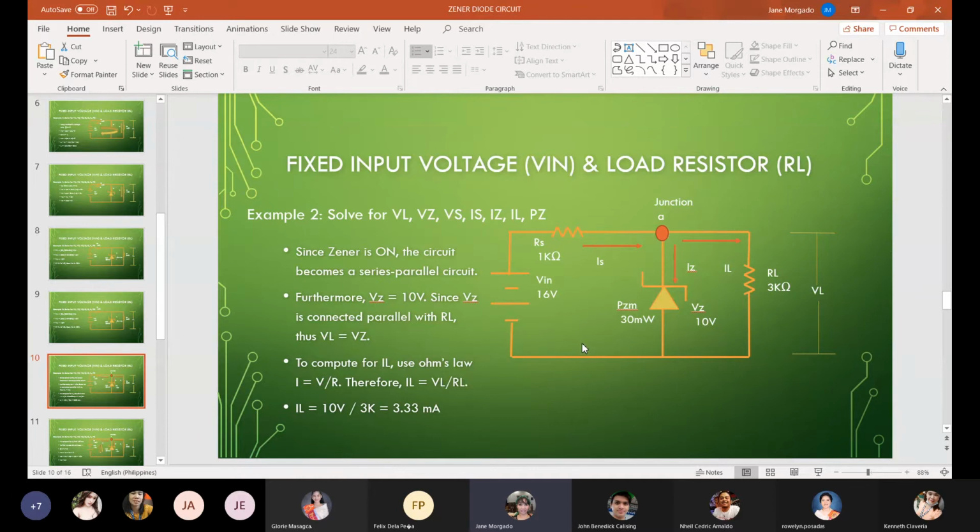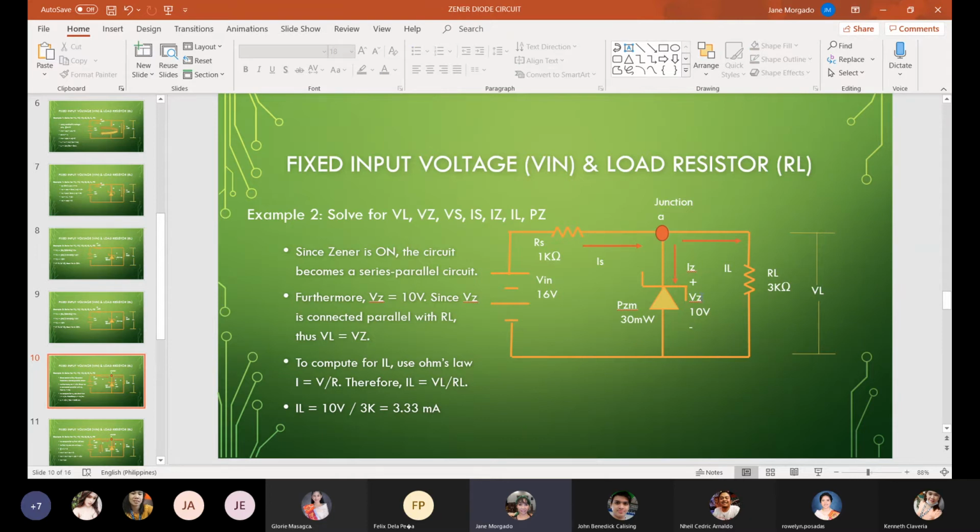Since the Zener diode is on, the circuit becomes a series-parallel circuit, and VZ is equal to 10 volts, where the cathode becomes positive and the anode becomes negative.